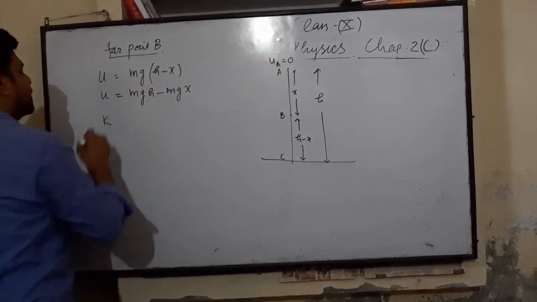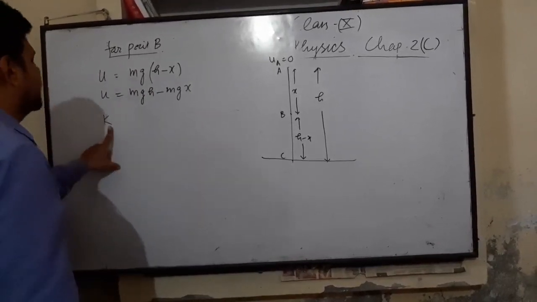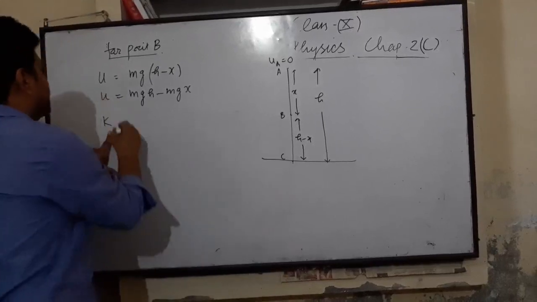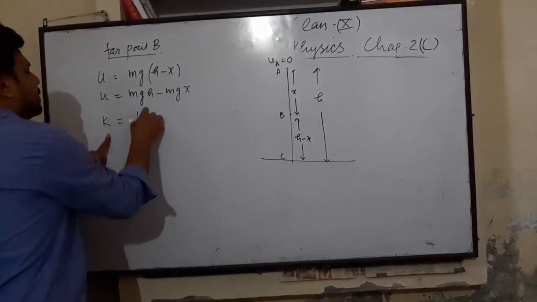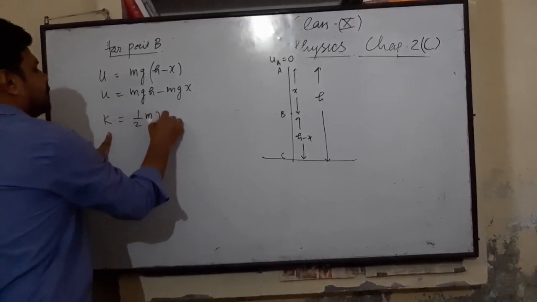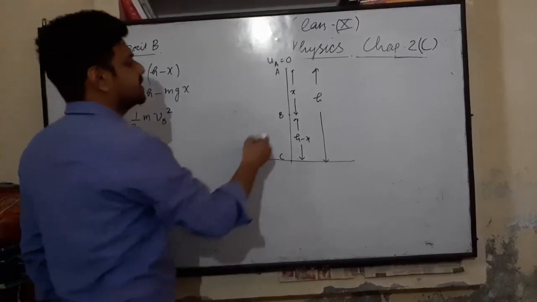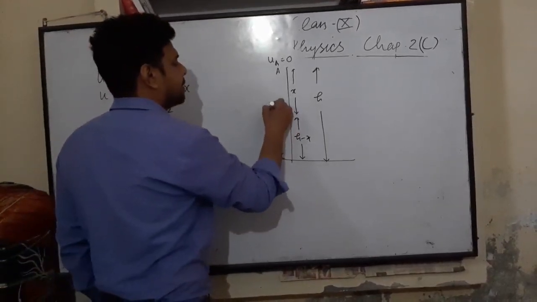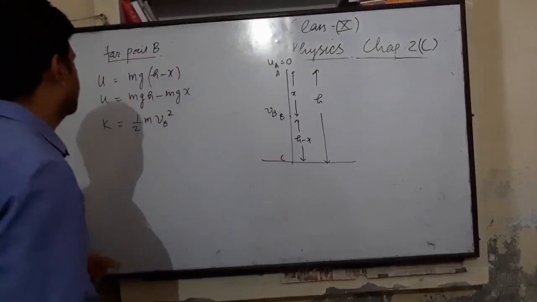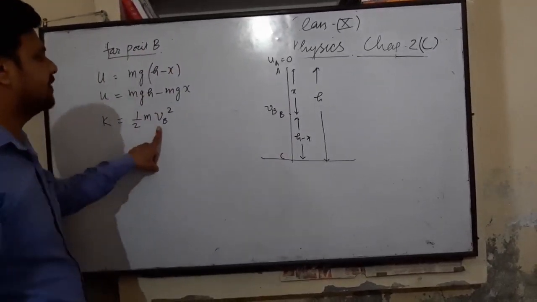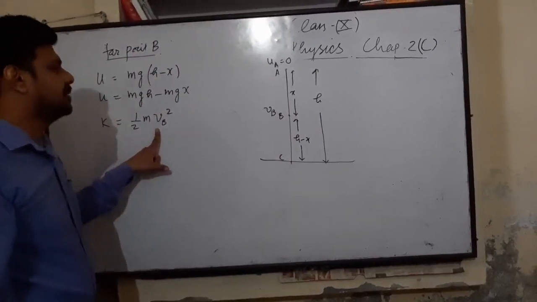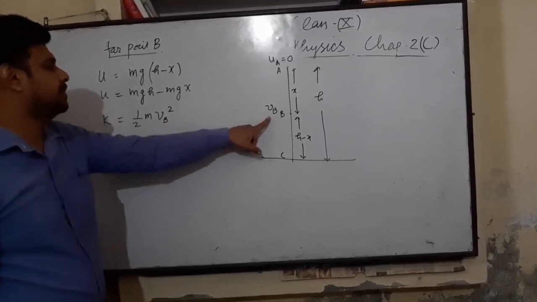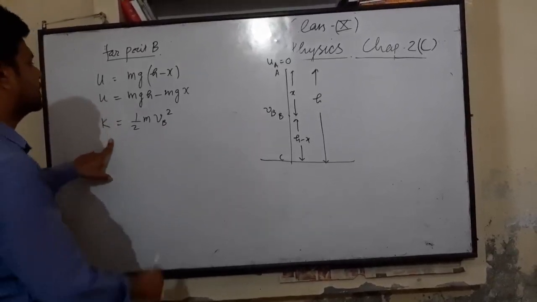Now for kinetic energy at point B, we need the speed of the object at point B. Let's say this is VB. We have to calculate the value of speed at point B for calculating this expression.